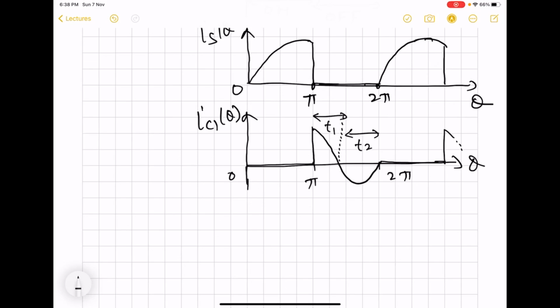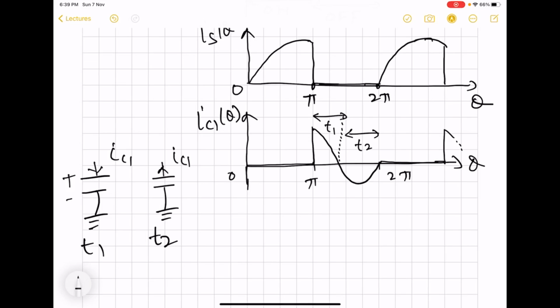So the capacitor will be getting charged during T1, and discharged during T2.